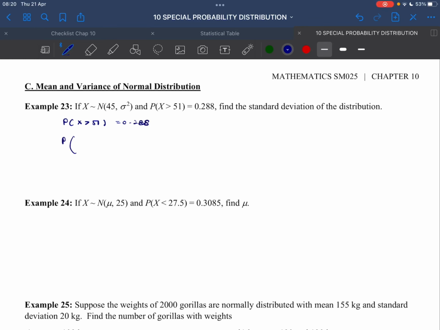We have to change this to z, which means 51 minus mu, which is 45, over the standard deviation, or just sigma, equals 0.288. Now we have to find the value of a here. Find the probability in your table which has 0.288.